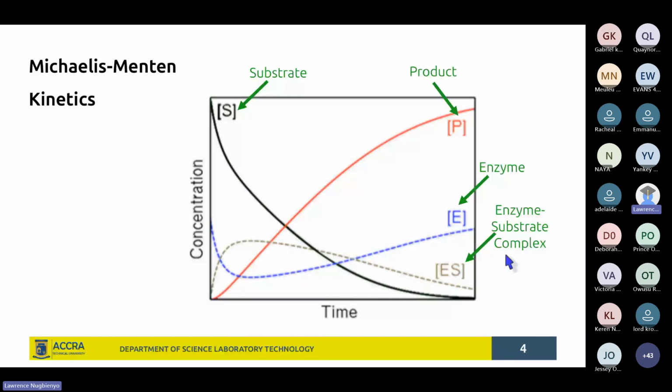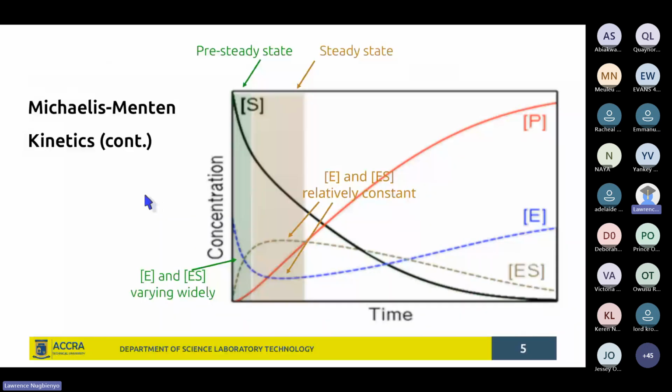So they took all these factors into consideration, which when Victor Henri first developed his first equation, did not take into consideration at time zero some of these factors, say, the enzyme substrate complex. So this was a more comprehensive study of the enzyme kinetics, which became clearer to scientists, and from then they could easily apply this to enzymatic studies.